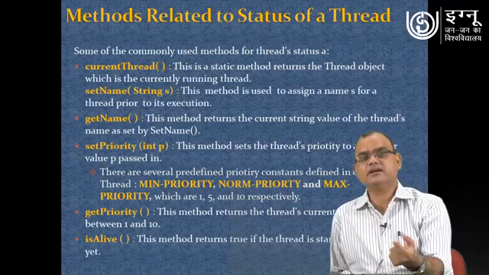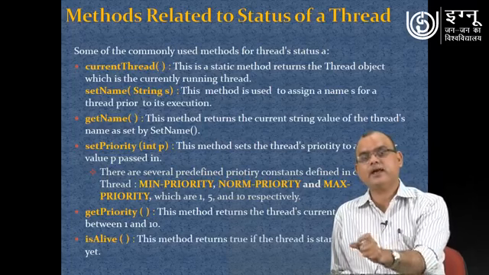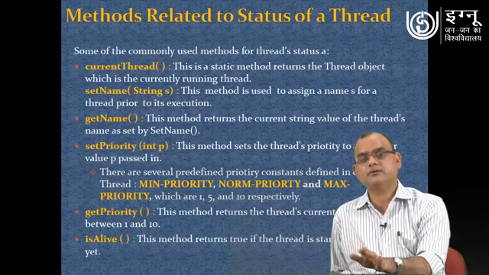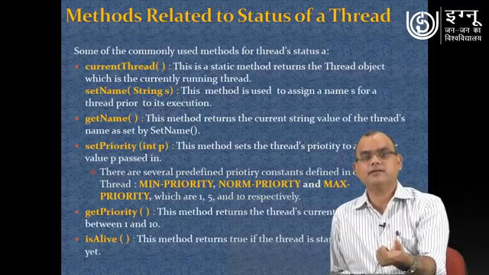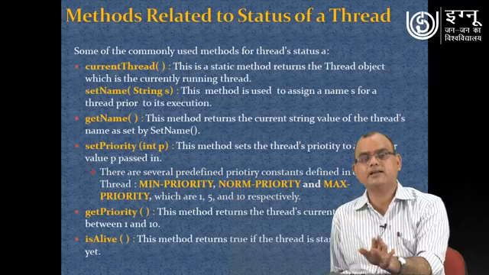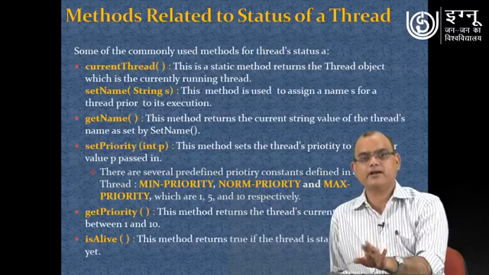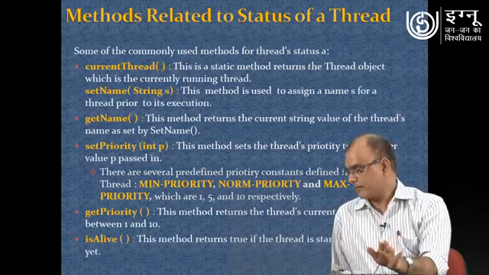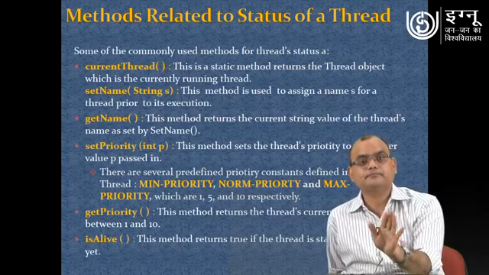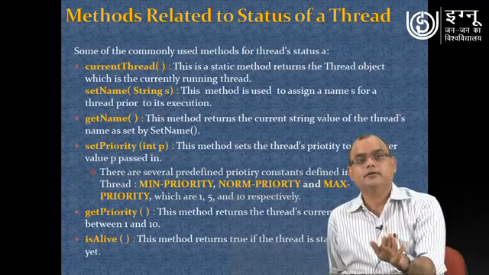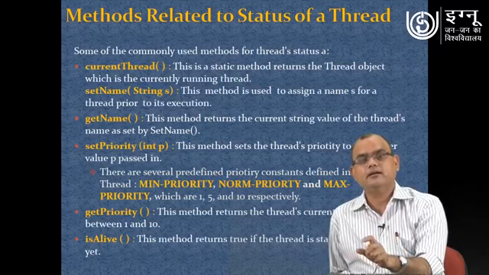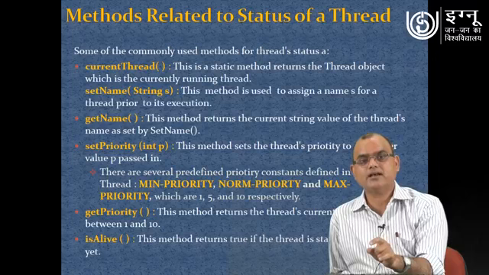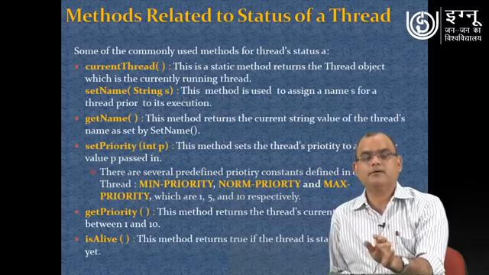And the setPriority method is used to assign priority to a specific thread. Once you have created a thread, that thread by default will have its normal priority. By default any thread has NORM_PRIORITY, which has the priority value 5, MIN_PRIORITY has the priority value 1 and MAX_PRIORITY has the priority value 10.